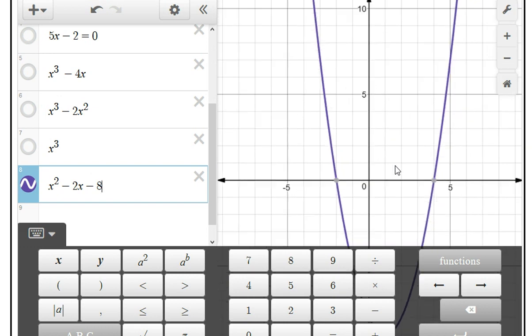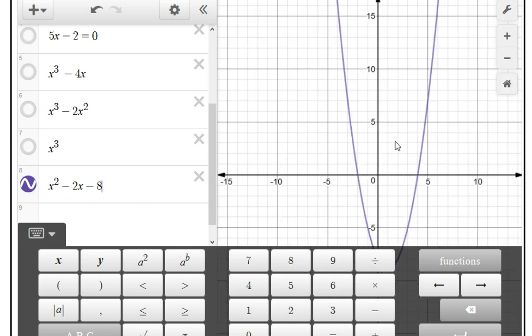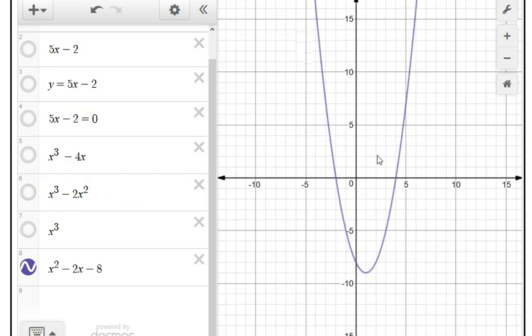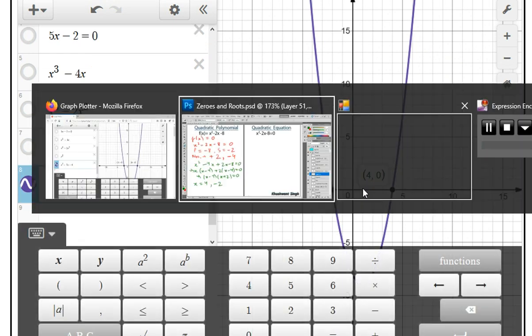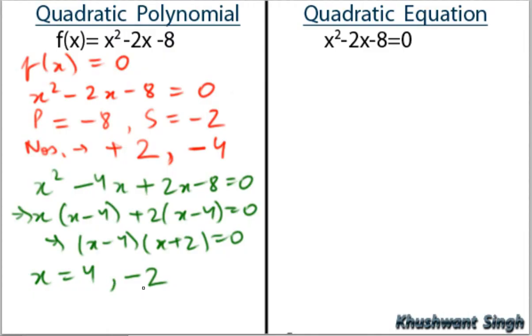Yes, we got this. The points where this graph crosses the x-axis, let us see. One point is (minus 2, 0) and the second point is (4, 0). That means the zeros must be minus 2 and plus 4, and we had got minus 2 and plus 4. That means here also the answer is the same.